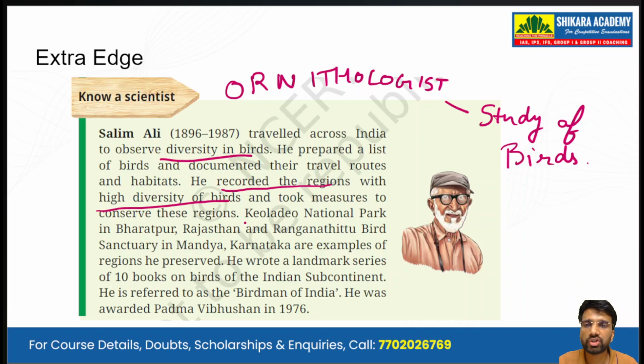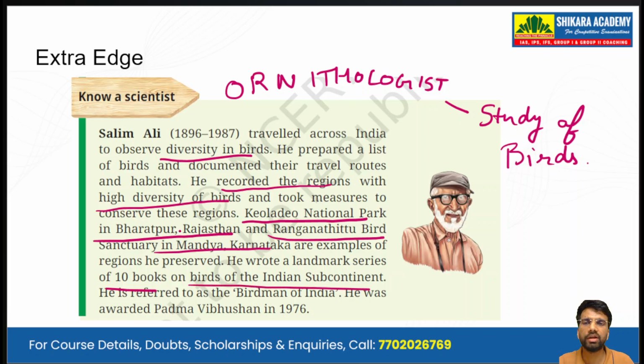Keoladeo Ghana National Park in Bharatpur, Rajasthan, and Ranganthittu Bird Sanctuary in Mandya, Karnataka are examples of the regions he preserved. He wrote a landmark series of 10 books on birds of the Indian subcontinent.